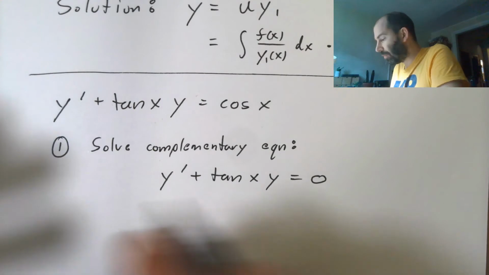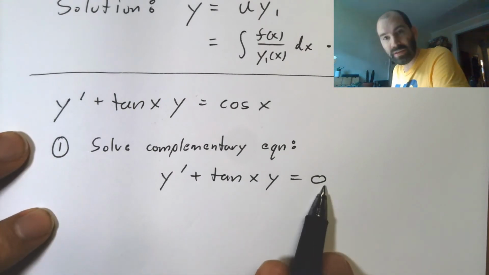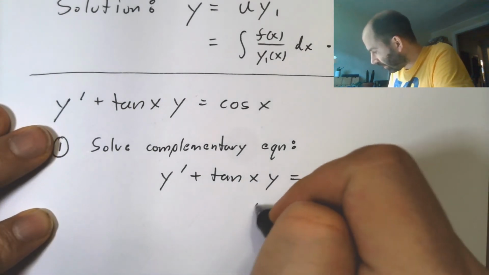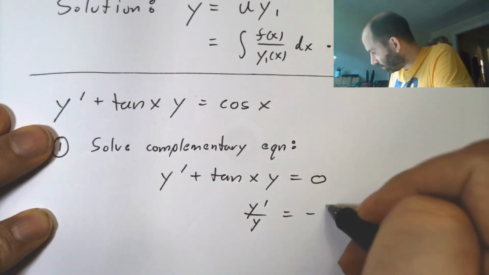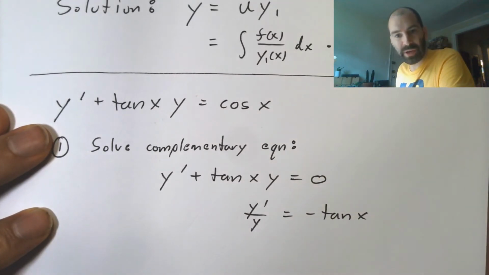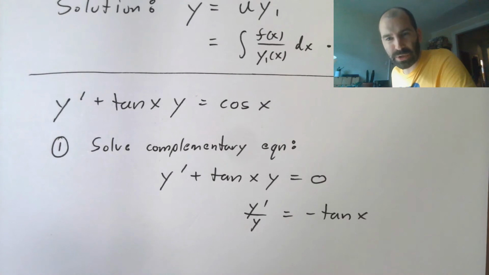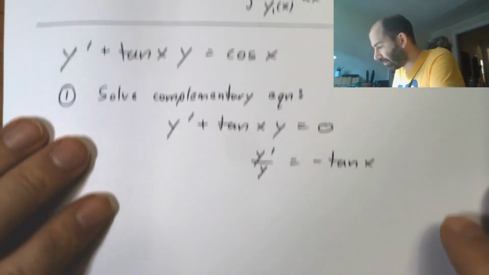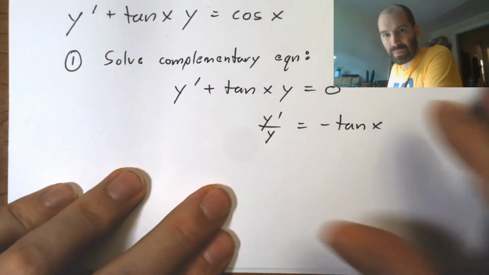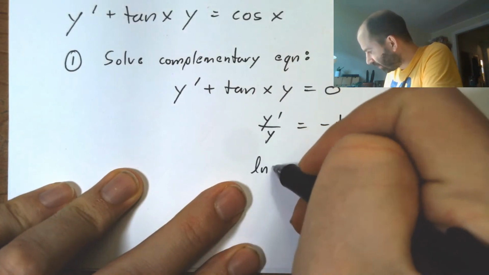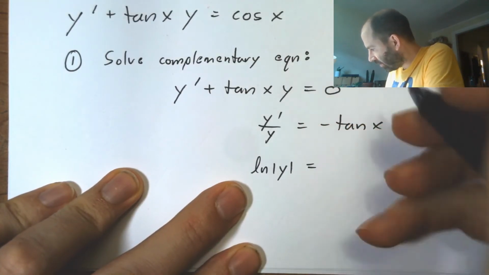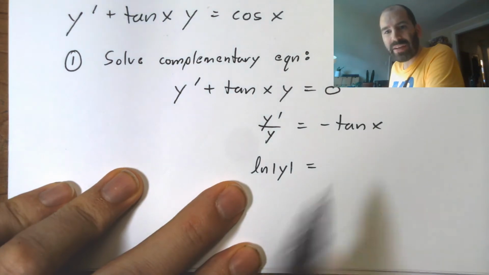So how do we do it? We get the y's on one side. I divide by y, right? I get y prime over y equals negative tan x when I use a little bit of algebra here. Anti-differentiate both sides. You get the natural log of y equals, what's the antiderivative of tan x?